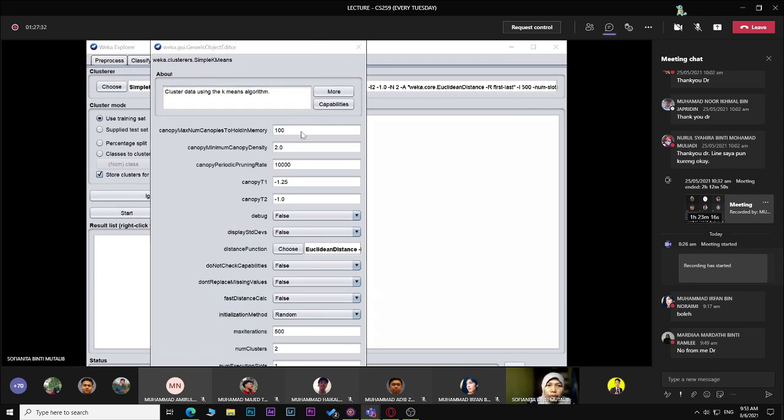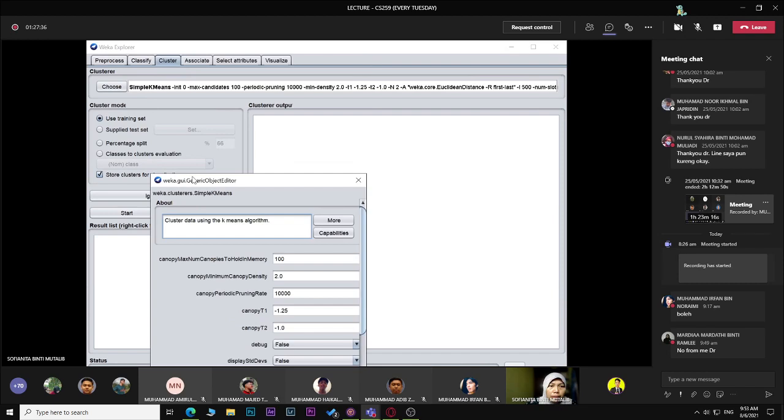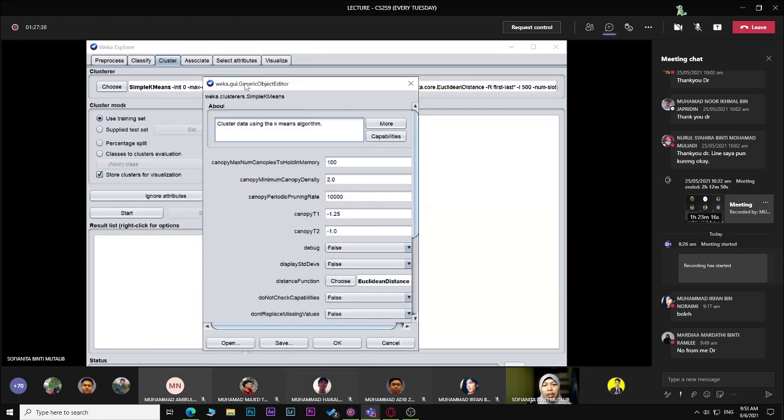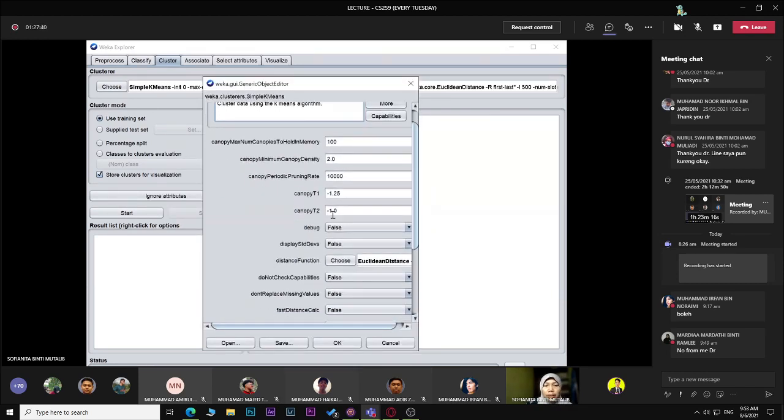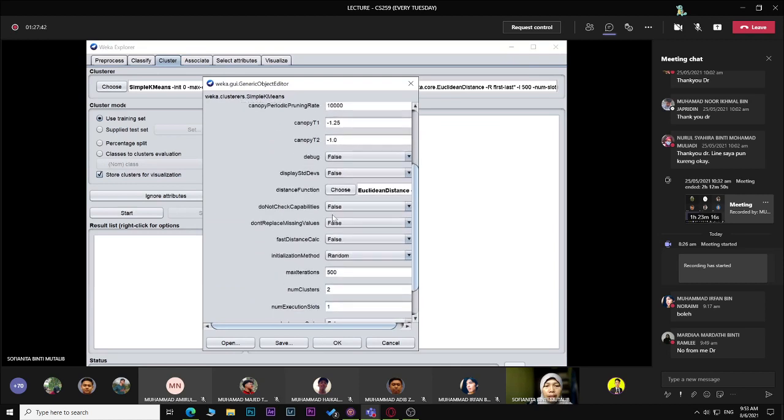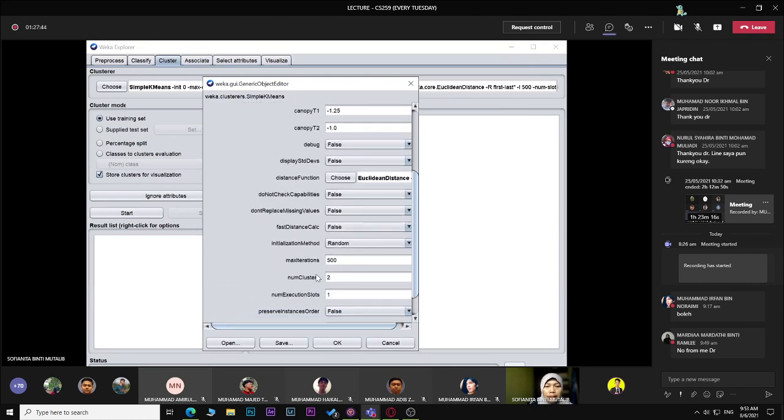Okay, here also the important setting would be this part, iaitu maximum iteration and how many number of clusters that you want to form. As I said, in k-means we can assign several numbers of clusters.